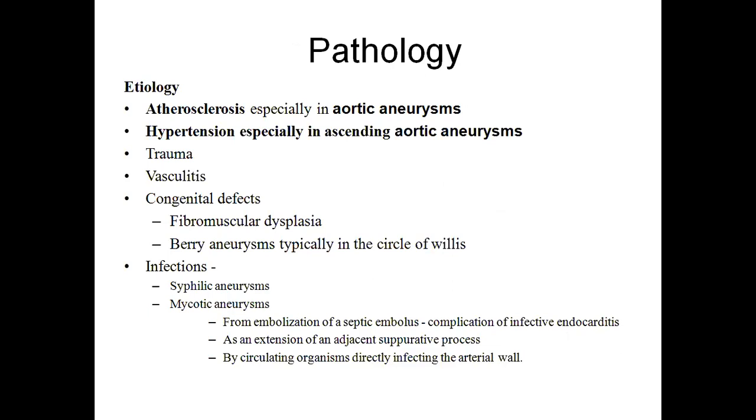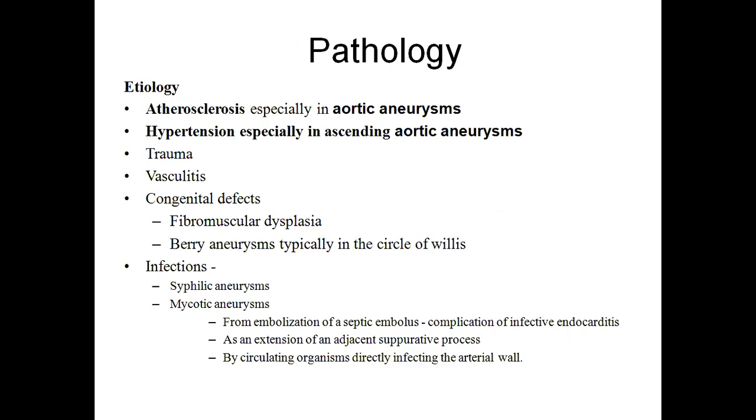Now let us consider the pathology. Atherosclerosis stands out to be the most common reason for development of aneurysm, and atherosclerosis, especially in aortic aneurysm, is seen. Hypertension, especially in ascending aortic aneurysm, trauma, vasculitis.